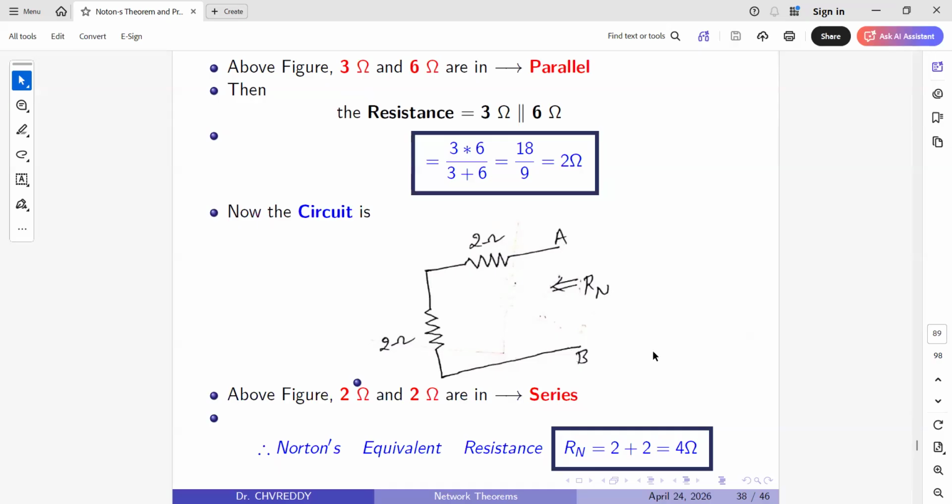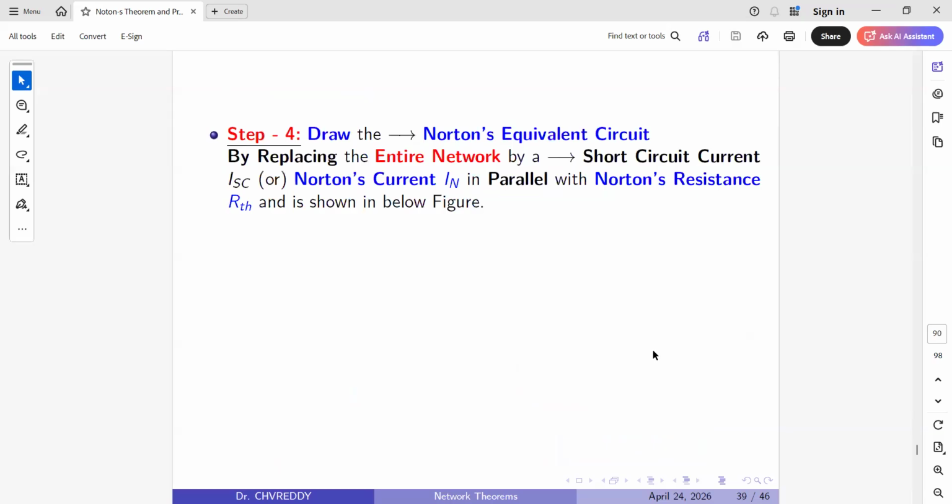So now we know Norton's current as well as Norton's resistance. Once we know the Norton's current and Norton's resistance, we can easily draw the Norton's equivalent circuit. So in step 4, draw the Norton's equivalent circuit. How to draw the Norton's equivalent circuit?